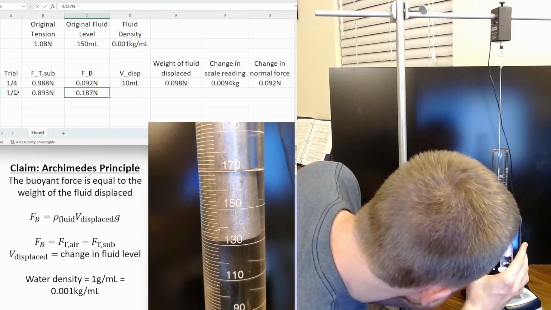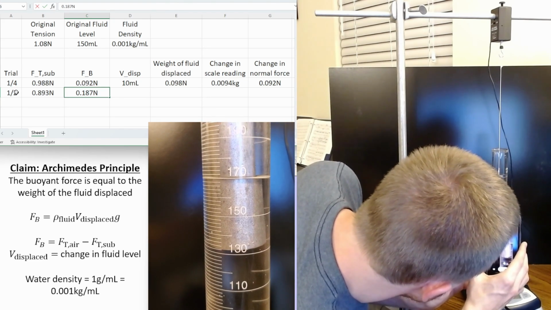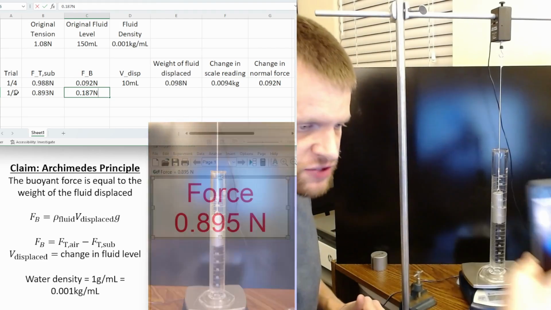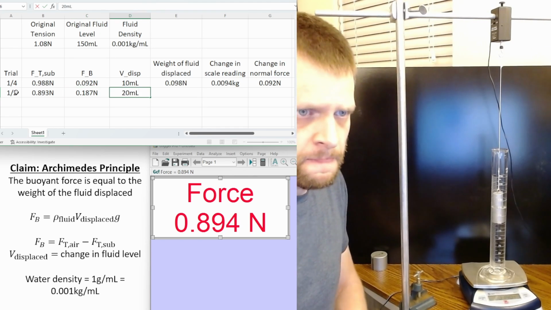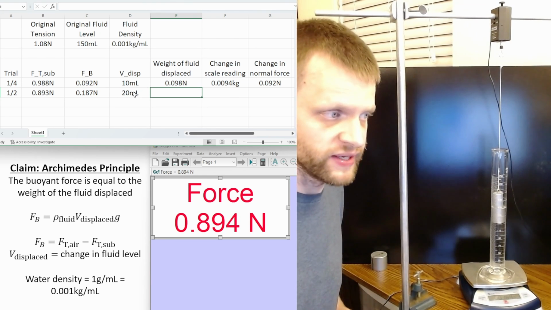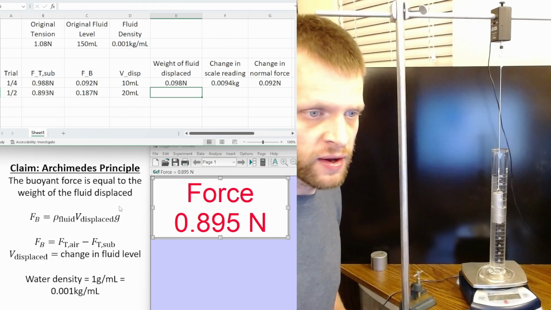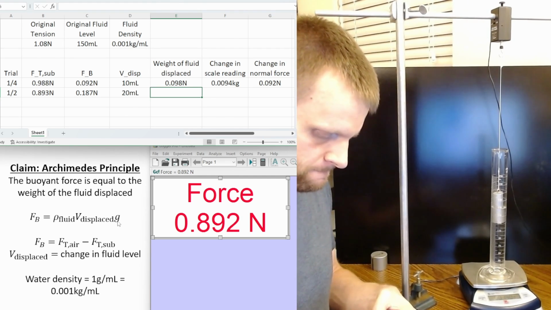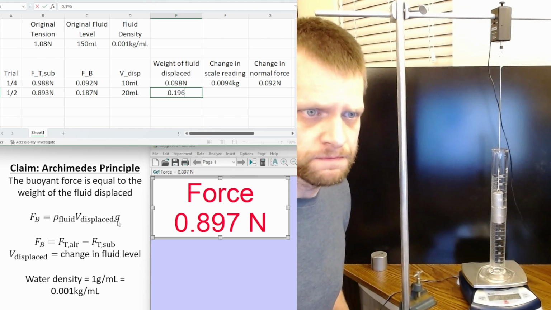And the water level looks like it's pretty close to 170. So if our original water level was 150, that was a displacement of 20 milliliters of water. And to get the weight of this fluid displaced, we do 20 milliliters times 0.001 kilograms per milliliter times little g, 9.8. If I multiply those together, I get 0.196 newtons.